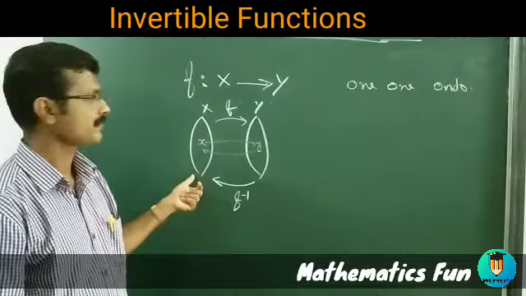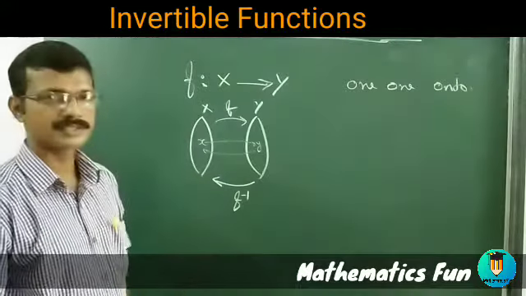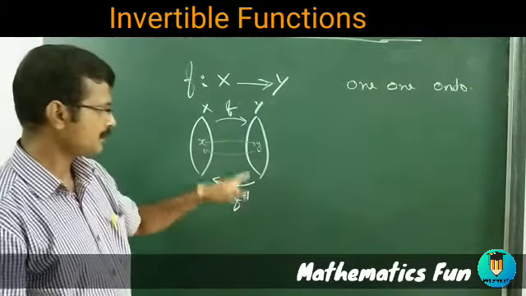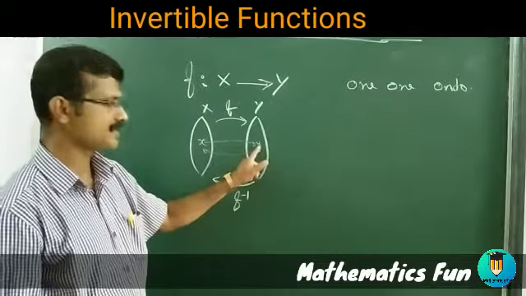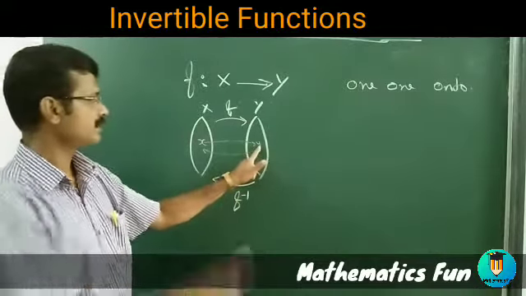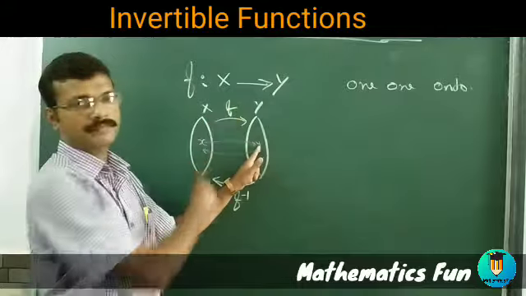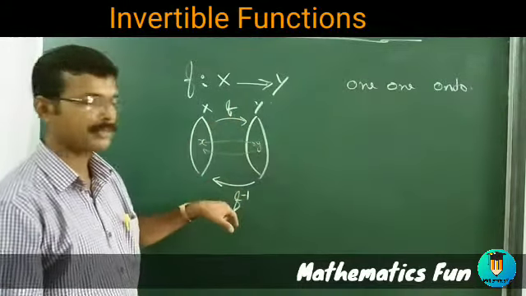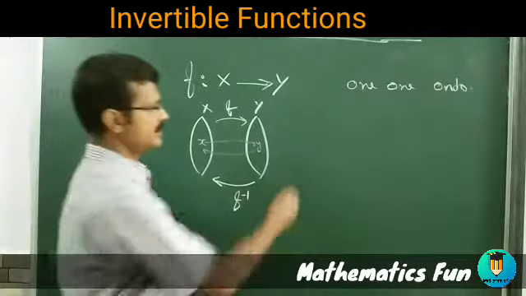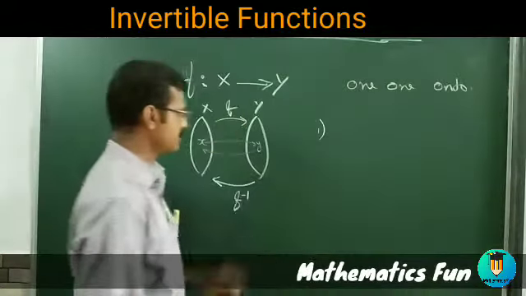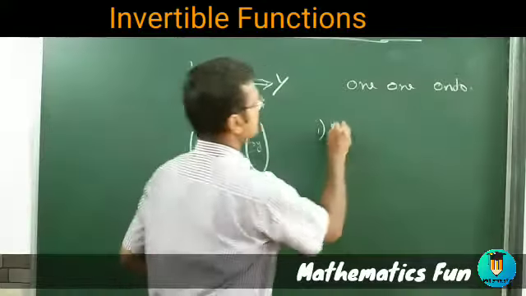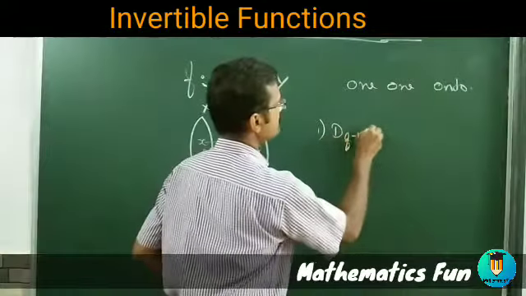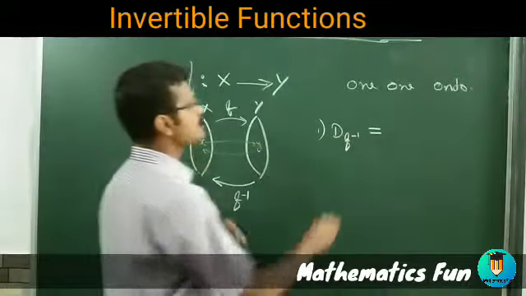Now if you observe this, the domain of f inverse is the range of f. That is the first point we can see from this: domain of f inverse is equal to range of f.